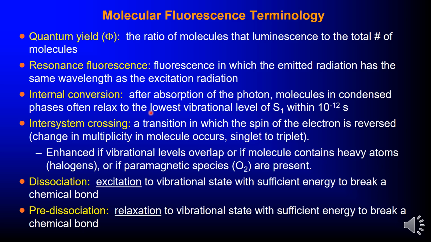We have dissociation, which is excitation to a vibrational state with sufficient energy to break a chemical bond. Then pre-dissociation is relaxation to a vibrational state with sufficient energy to break a chemical bond.